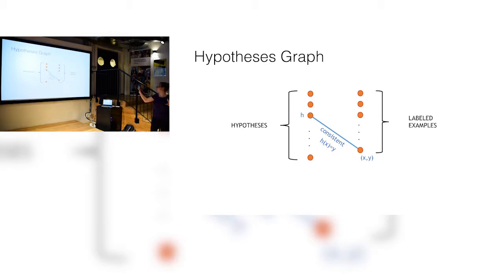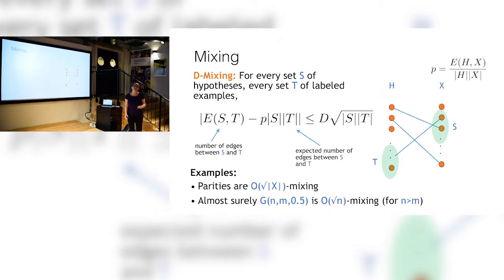Okay, so this view is nice, but the cool thing about viewing a hypothesis class as a graph is that it enables us to take ideas from graph theory and utilize them in our case. So specifically, the concept that I'm taking from graph theory is mixing.